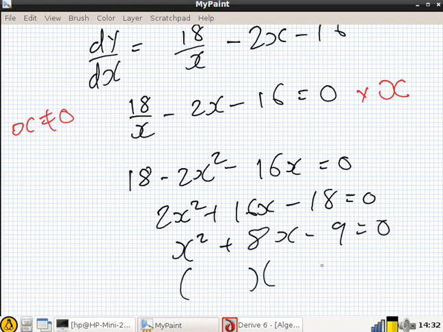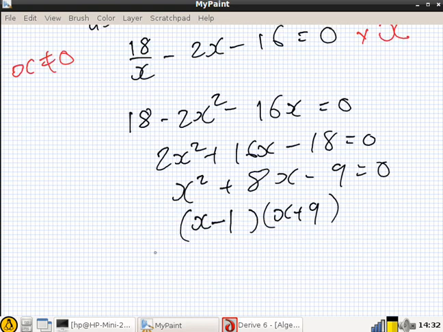And I have two answers. What did you say, sorry? X minus 9. Are you giving me this part? Yes. So then you get two answers here. X equals 1 or minus 9. Now I'll just skip this part here because that's not important right now. Just put the x back in to get the y.